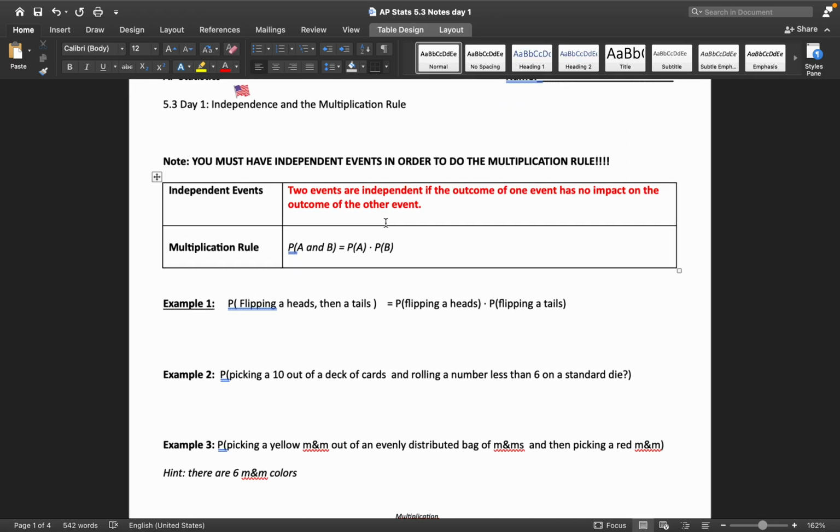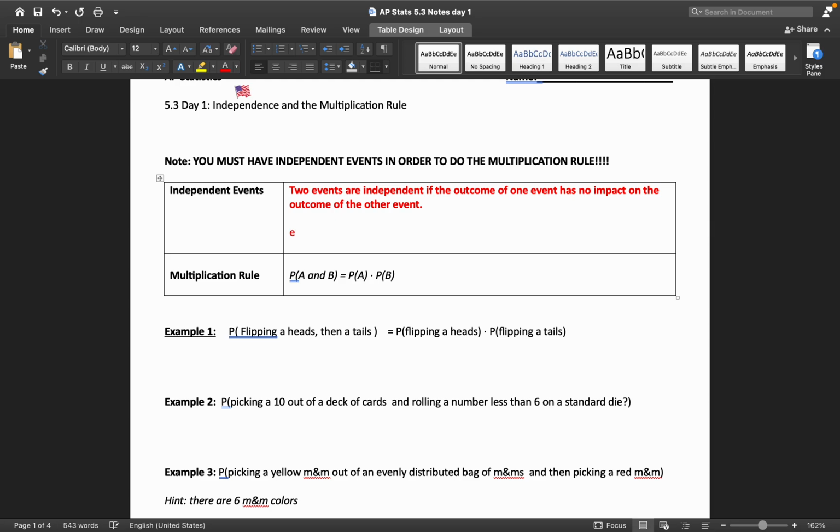So for example, flipping a coin and rolling an even number on a die are independent because if I flip a coin, it's not going to affect whether or not I roll an even number or an odd number.